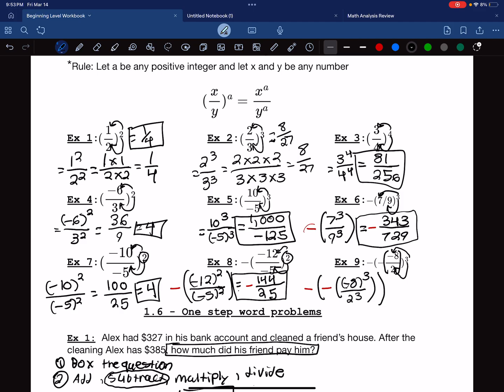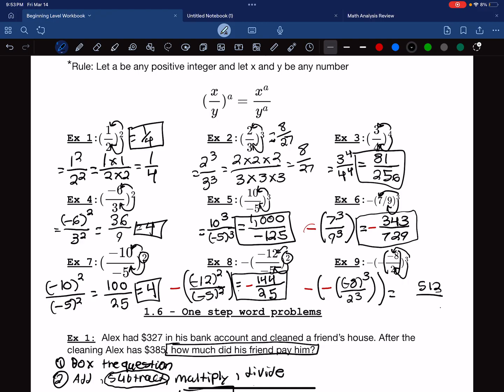So we have negative 8 cubed, and negative 8 cubed is going to be negative 8 times negative 8 times negative 8. And we know negative 8 times negative 8 is going to be positive 64. And then times another negative 8, that should get you negative 512.